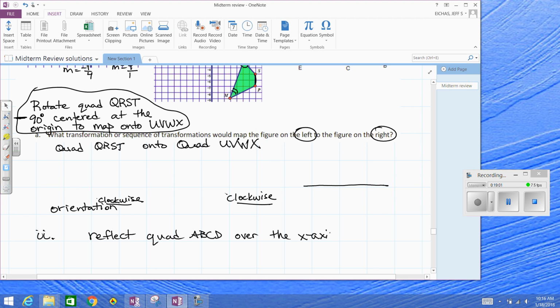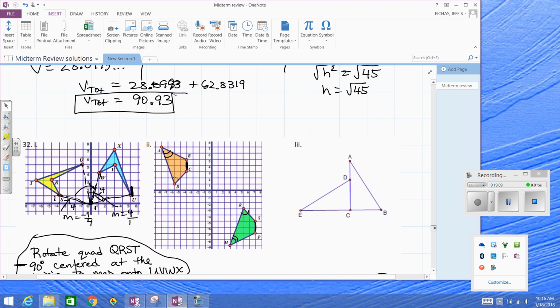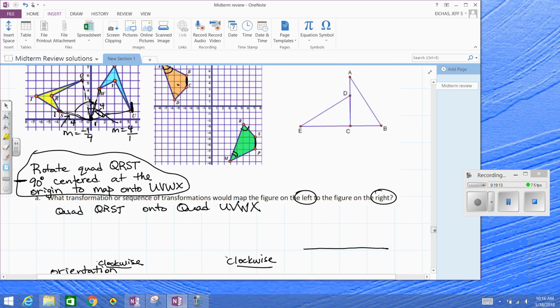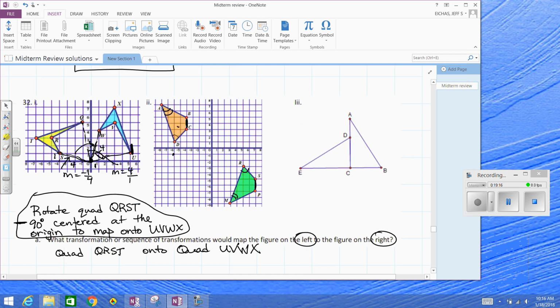Now I'm just doing that to fix orientation. What I mean by fix it is to get them the same. Reflecting will change this pre-image's orientation. And if I'm going to do this, I'm going to actually show it. So that's like the appropriate work that's necessary.